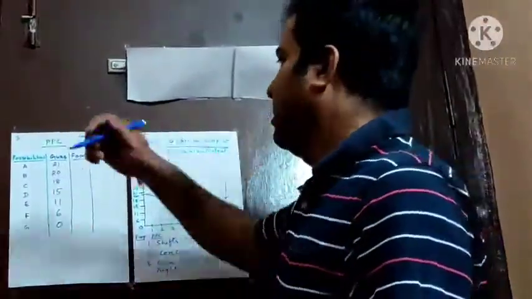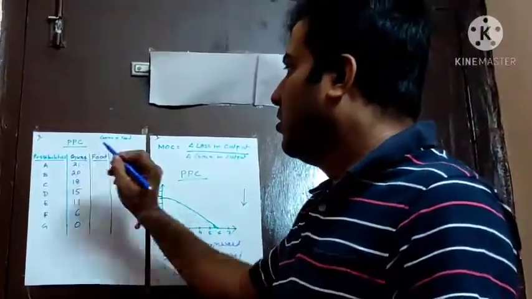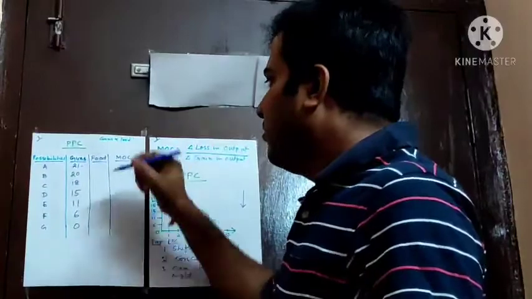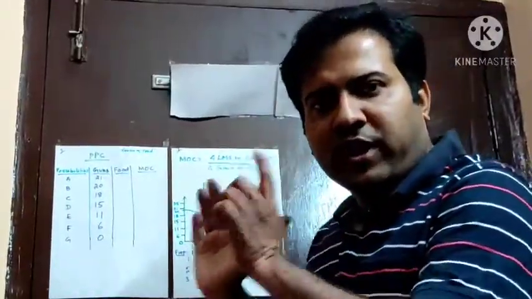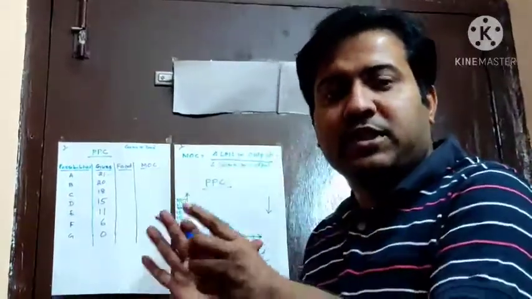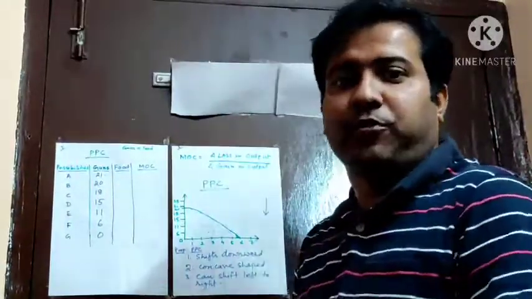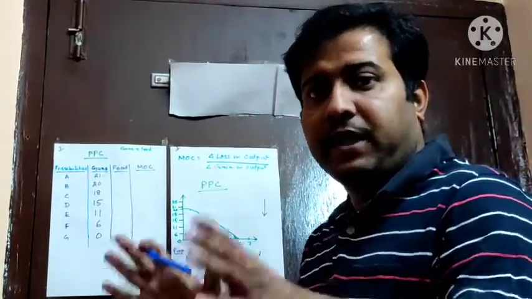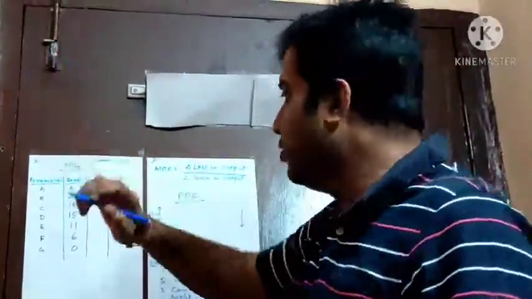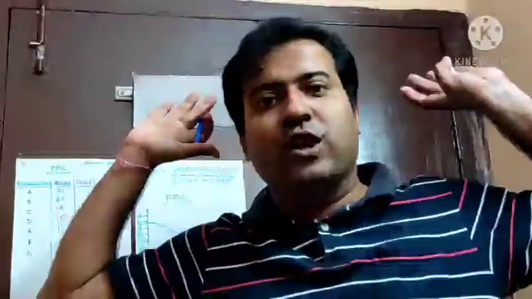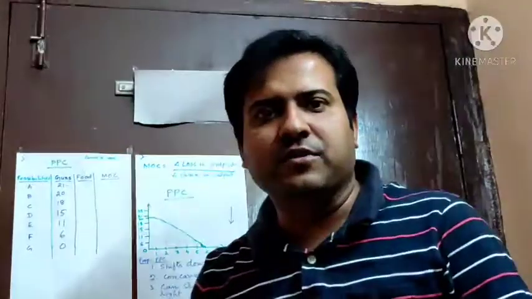Now suppose in guns I will employ 21 units. If I employ 21 units of resource, that means this is the full extreme resource. If I utilize full resource in gun, this is the full resource, 21. Let's assume this is 21 crore workforce I have put into making guns for our country.